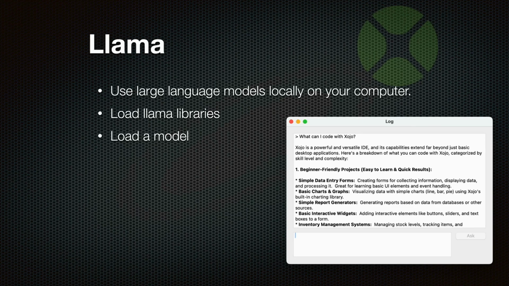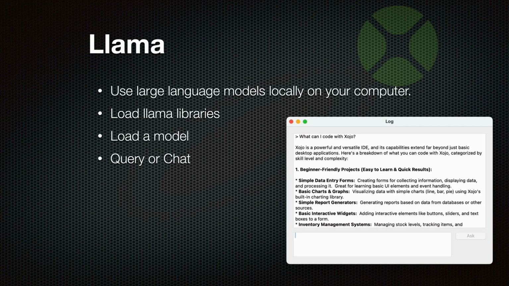Then you can load a model file. There are thousands of models available for free to download with a lot of parameters. I've seen models with 20 billion parameters, and you can just download them and ask them your questions.